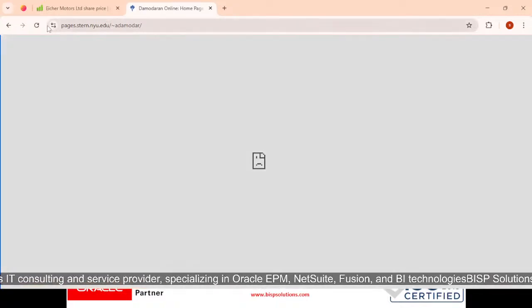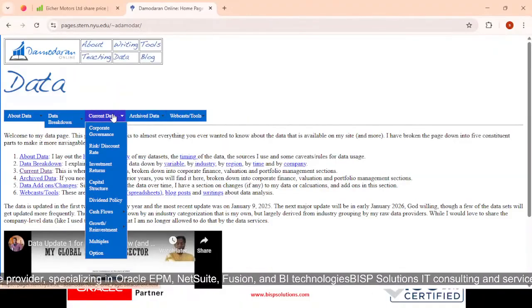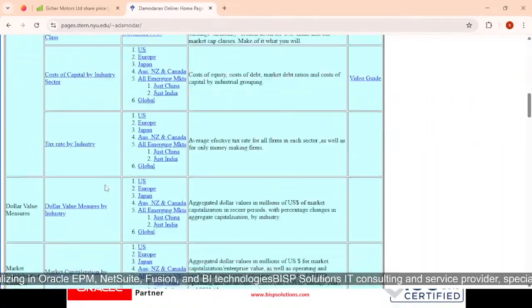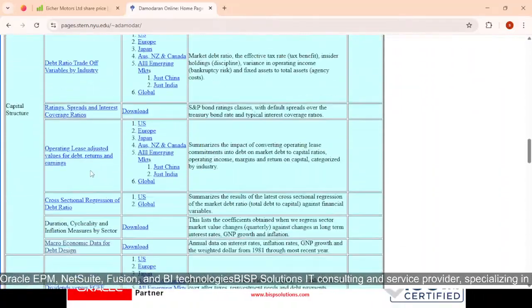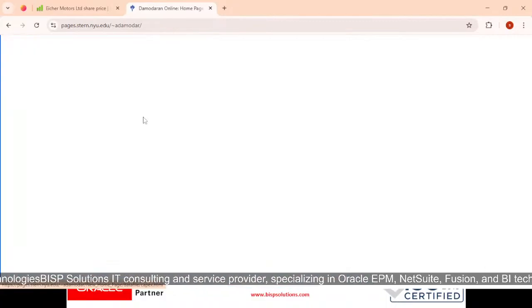Under data we will be getting our current data. In that we have to click on current data and come down to our cash flow estimation, where we will be getting capital expenditure, depreciation, reinvestment rate and sales to capital ratio by industry.